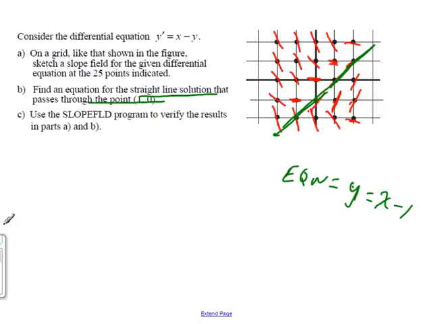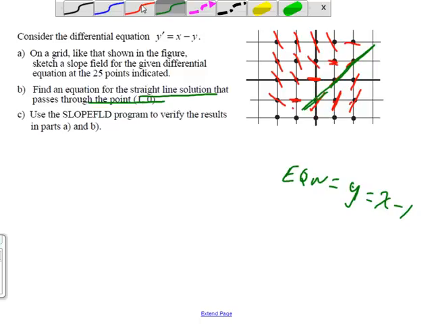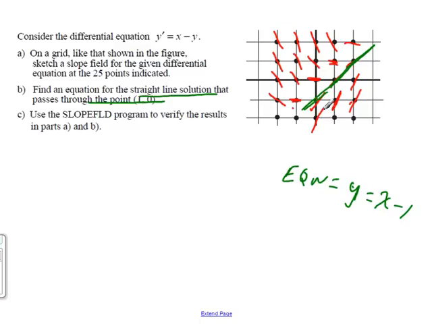And I realized that on this bottom line, I made a couple mistakes. Let's redo those. When y equals -2, this should have been a slope of 2, and this should have been a slope of 1, and this should have been a slope of 0. Yeah, that's better.